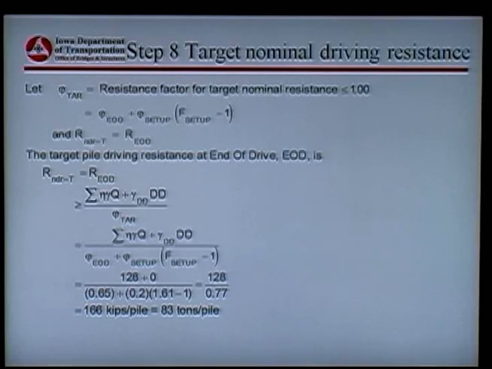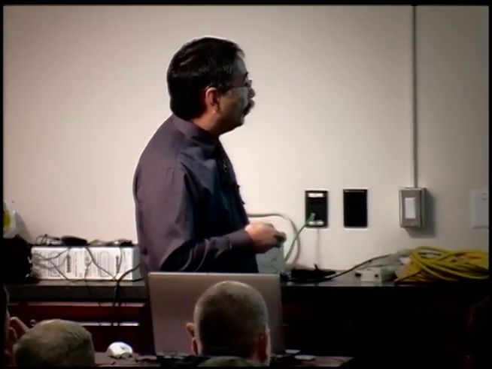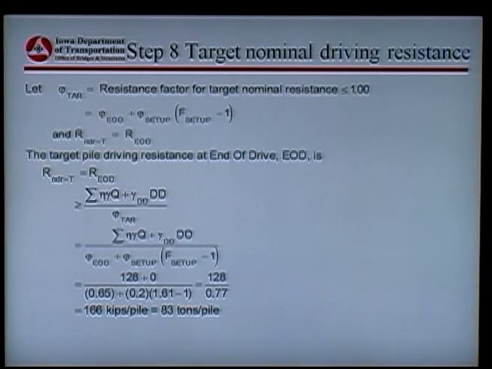Now the interesting thing to note is that currently in the interim manual for the DOT, this value is 0.725. Now that we're taking advantage of this setup, we're ending up with higher resistance factors than what we've been using. And the meaning of that is that we're ending up with shorter piles.